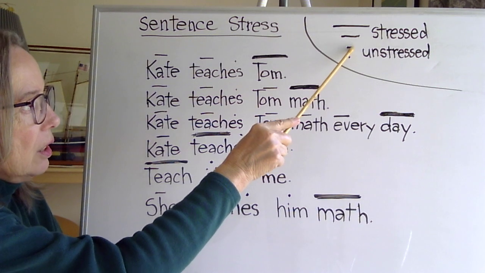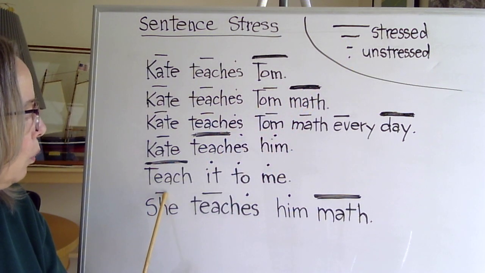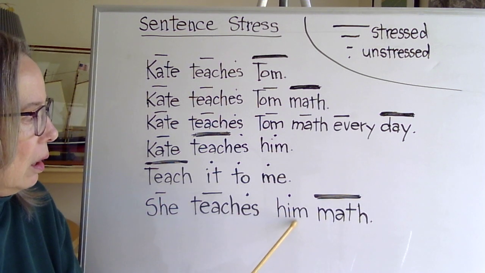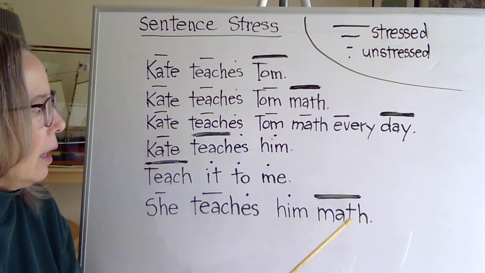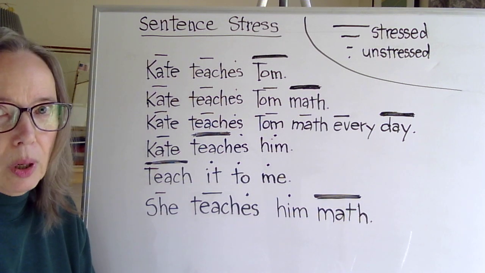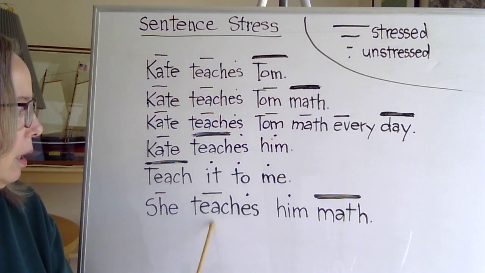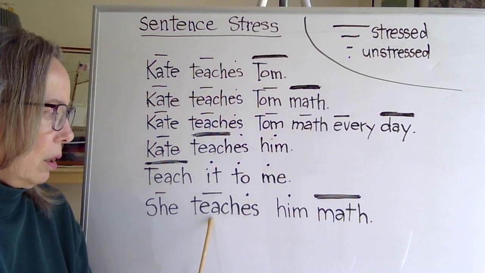They'll both be unstressed, but this one will be a little more stressed than this one, which is very, very weak. And math will be the last stressed word, so it's going to get maximum stress, and teaches will be secondary stressed.